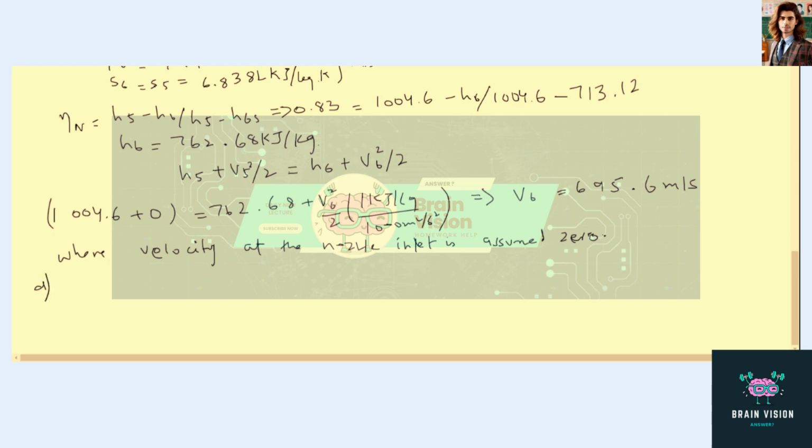So now we will calculate the propulsive power and propulsive efficiency. Propulsive power Wp is equal to m dot into V6 minus V1 into V1, which is 2.661 into (695.6 minus 1100 divided by 3.6) into 1100 divided by 3.6 into 1 kilojoule per kg divided by 1000 meter square per second square.